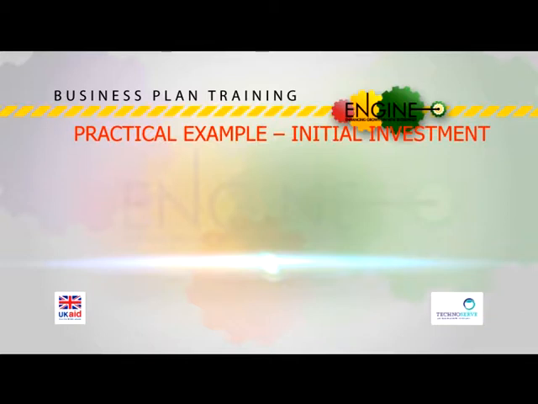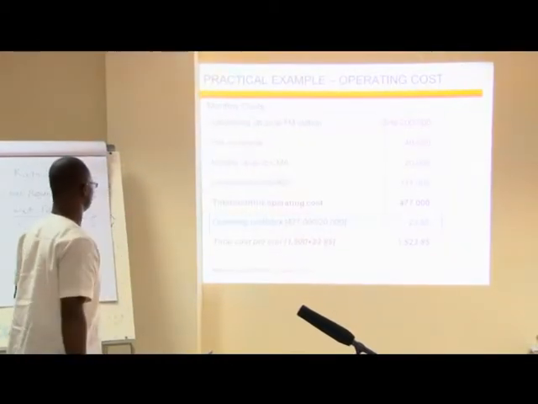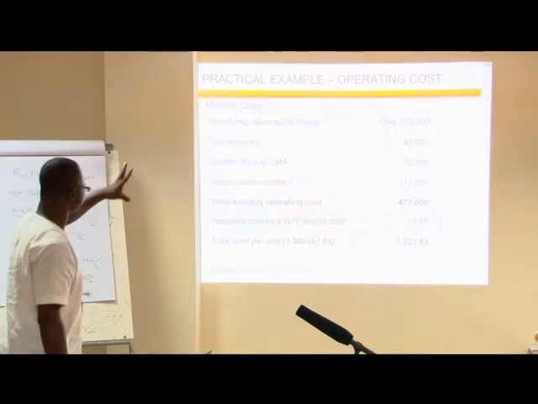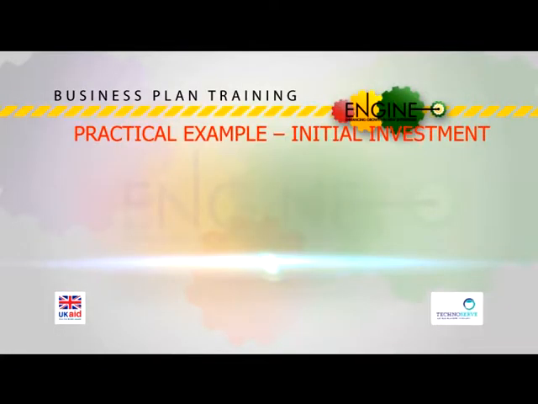Yes. Okay. And then operating cost per stick. Assume operations is for 20 days per month. And then you divide by 20 days per month. So whatever is the situation, we are trying to calculate the unit cost per stick.